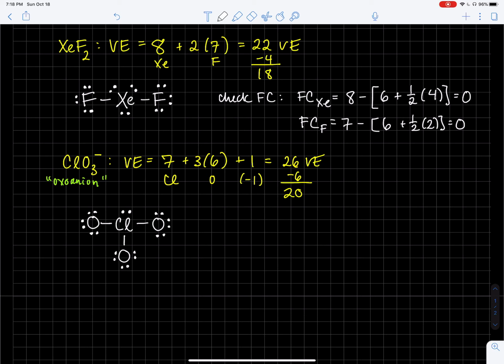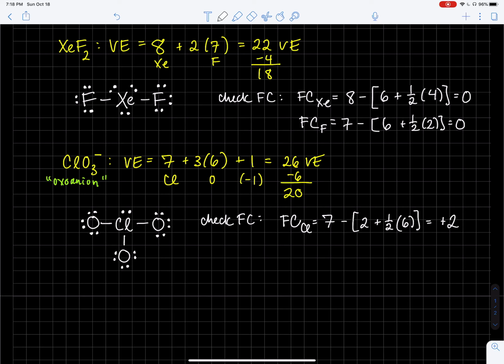So great. Let's check the formal charge. The formal charge on the chlorine, it starts with 7 valence electrons here. We subtract off the 2 that are in the lone pair, and it gets 1/2 of those 6 electrons in bonding pairs. So chlorine has a formal charge of +2.